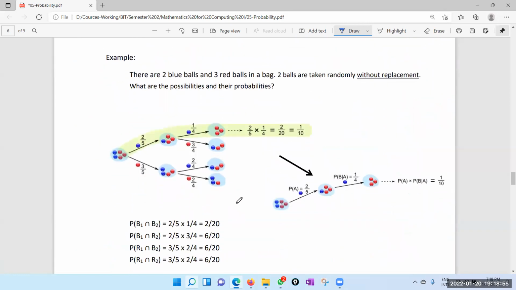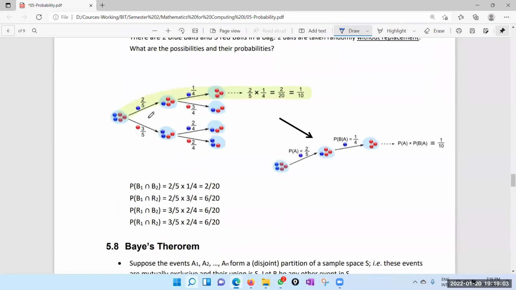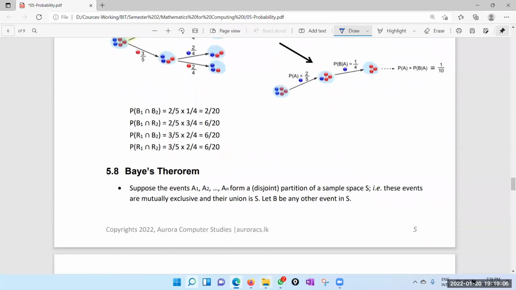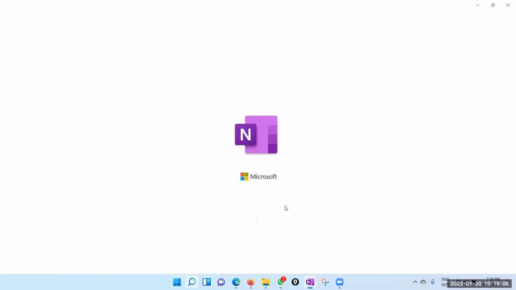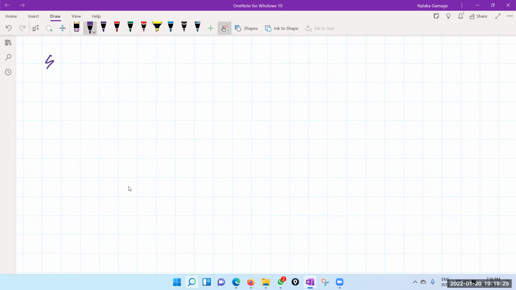Right, let's take a simple example. I am throwing a dice.